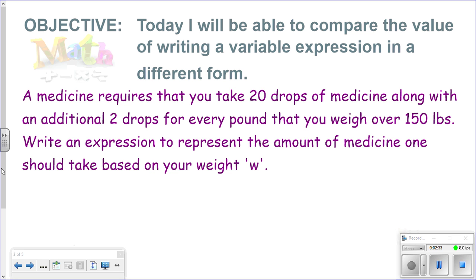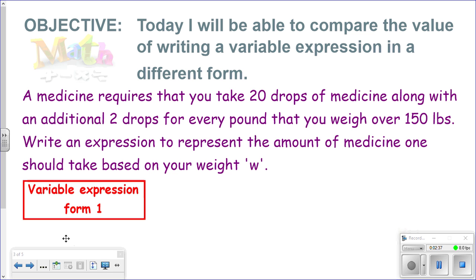Let's look at the problem again, though. We could simply say that you're taking 20 drops of medicine along with, so you're adding, 2 drops for every pound that a person weighs over 150.